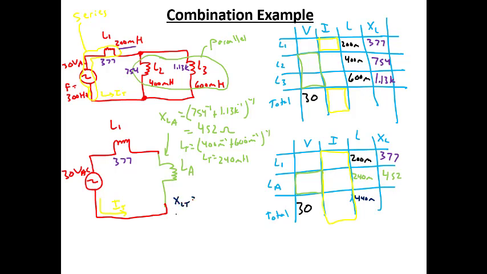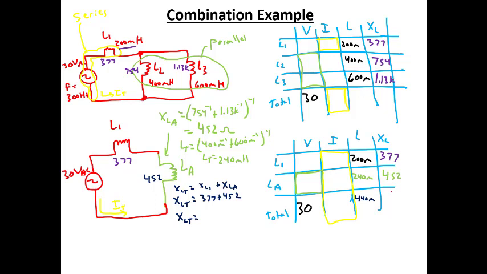X sub L total is going to equal the X sub L1 plus X sub LA, so this is 377 plus 452. Maybe I'll write the formula here. Not X sub L2, it's X sub LA. So I'm adding these two up. This one was 452, so I'm just adding these two together. So X sub L total is going to be equal to 377 plus 452.